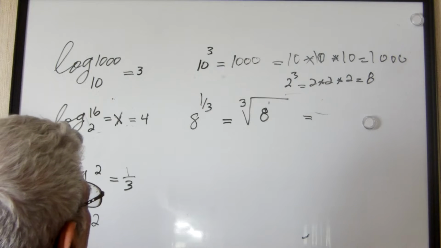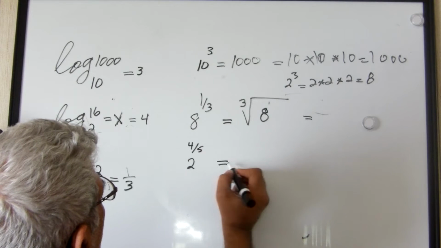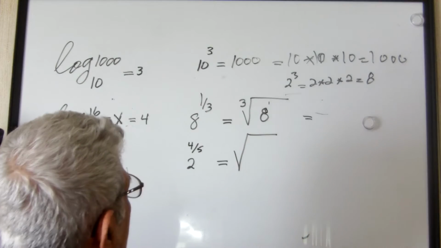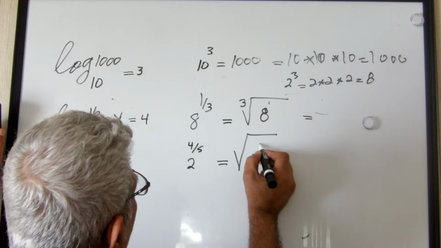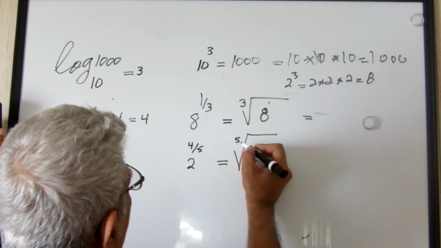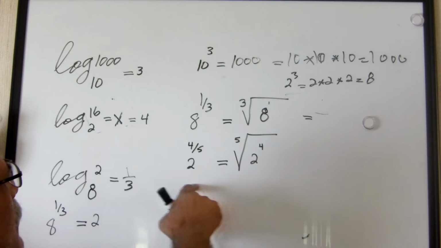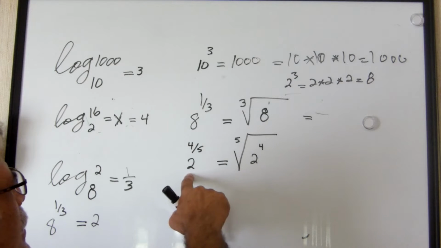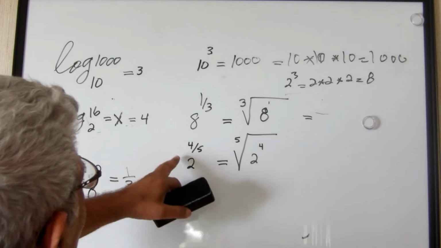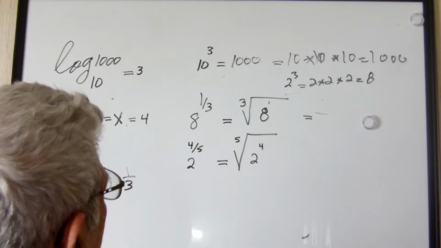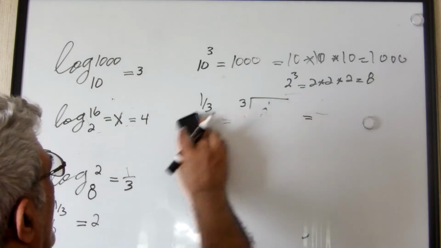Let's say something else: 2 to the power of 4/5. 2 has the exponent of 4, and the fifth root of this. We can write this converted with radicals. That's what it means.